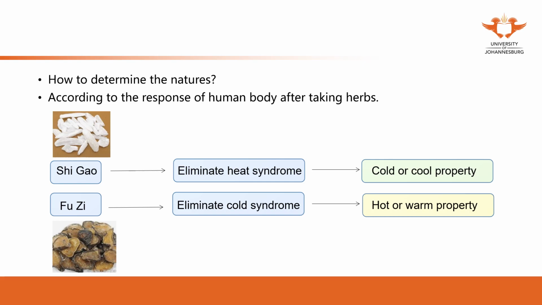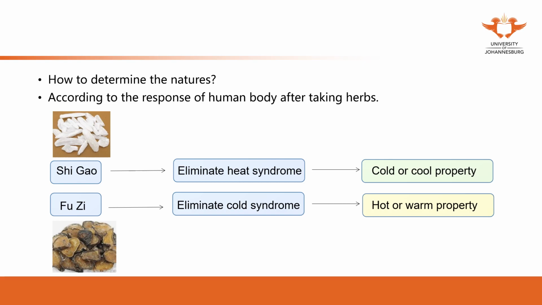Hot and warm, these two are actually in the same category. Which herbs have the hot property or which herbs have a warm property? They are all in the yang category. It only depends on how much they can improve.